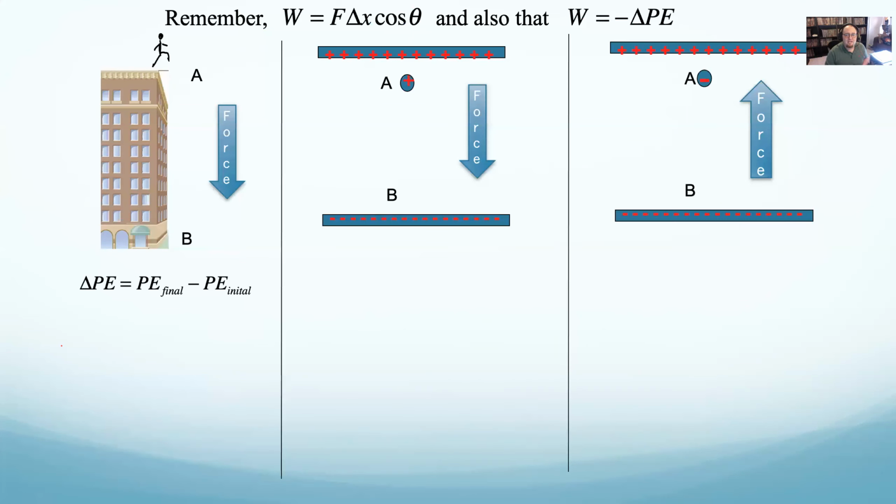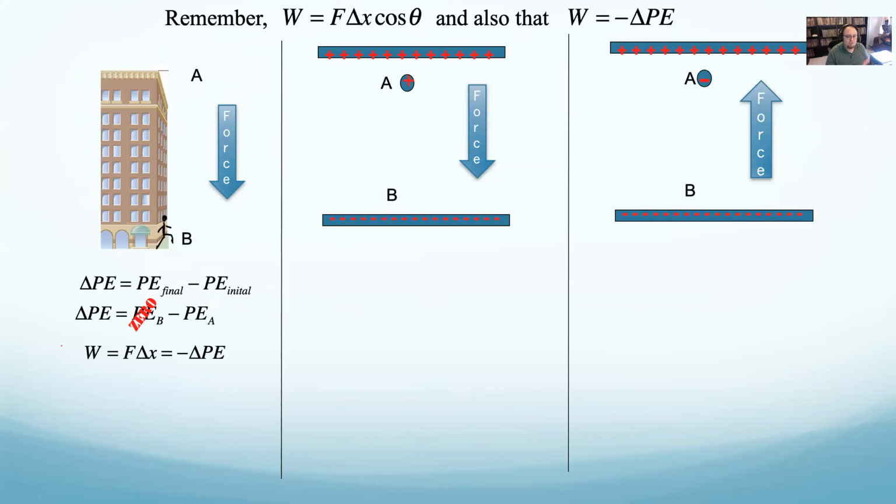For all three of these cases, when I move from A to B, I have a change in potential energy, which is just the final minus the initial. So when this guy goes down, his change in potential energy is the potential energy at B minus the potential energy at A. In this case, the potential energy at B is 0.